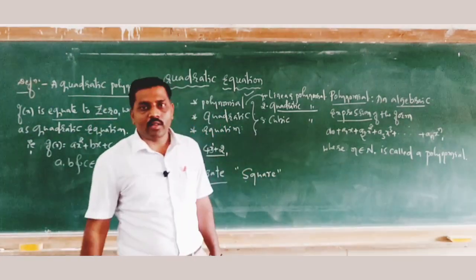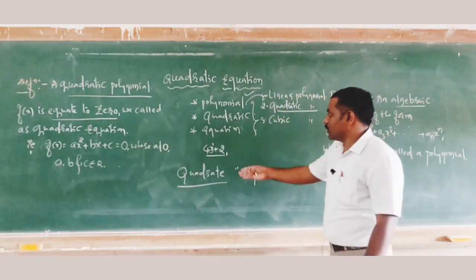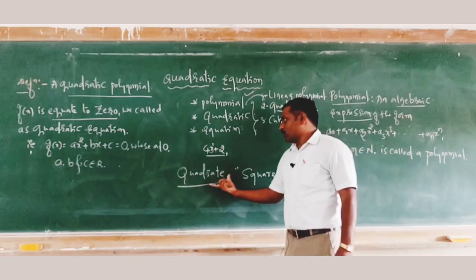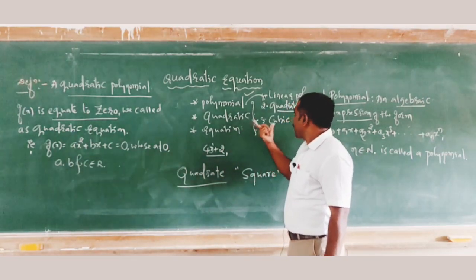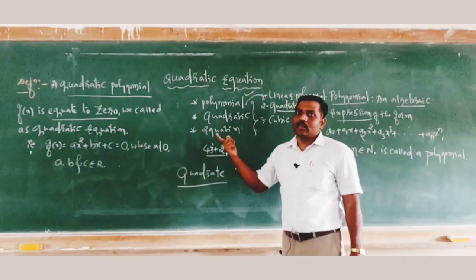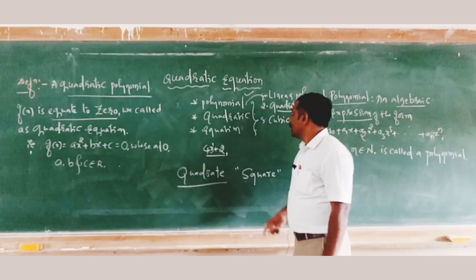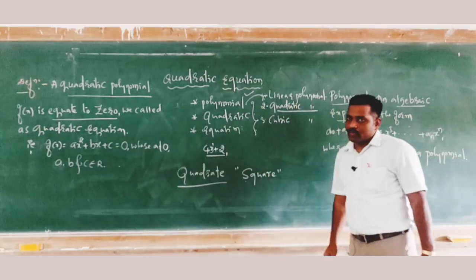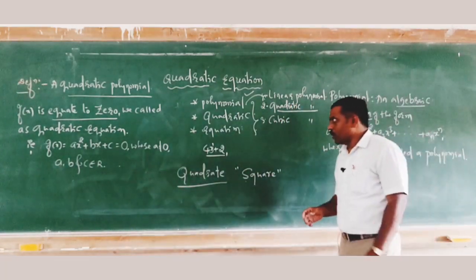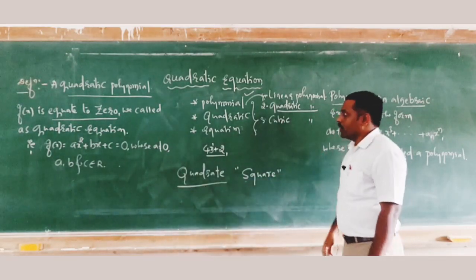Square is nothing but the root of the equation, that is a quadratic equation. So the word quadratic has been derived from quadrat, which means square. Here it is a quadratic polynomial. A polynomial of degree 2 is nothing but a quadratic polynomial.